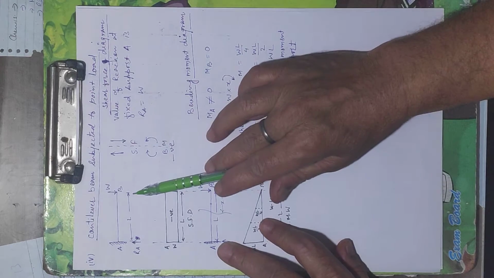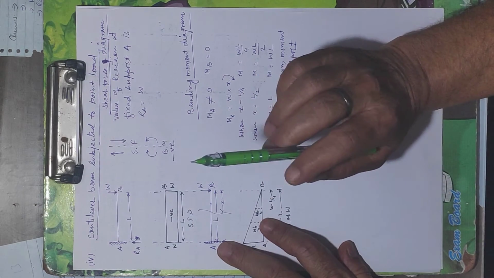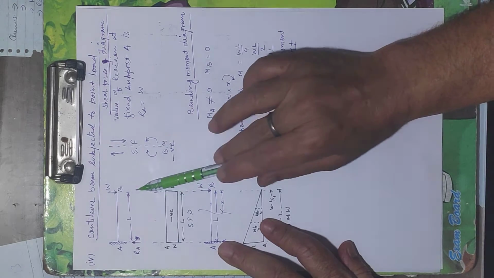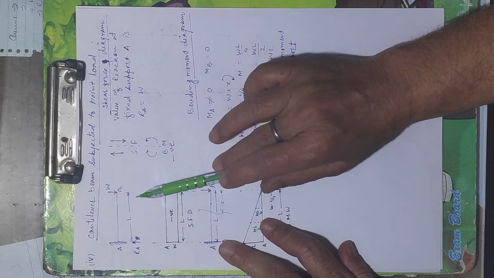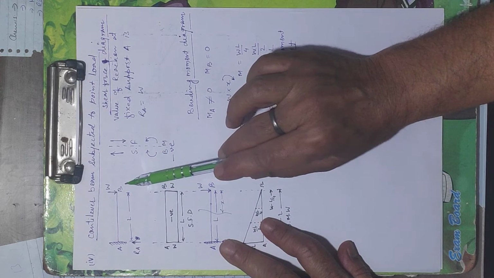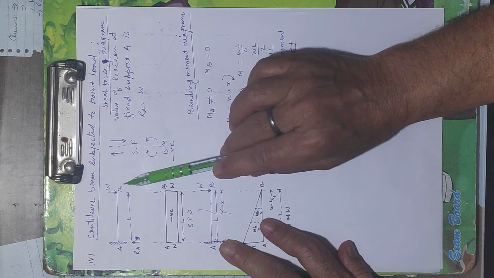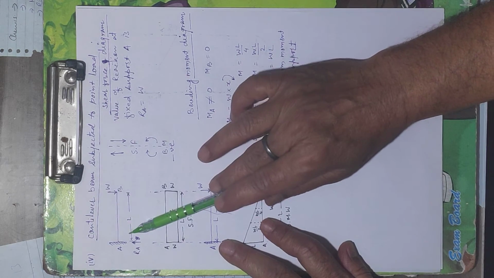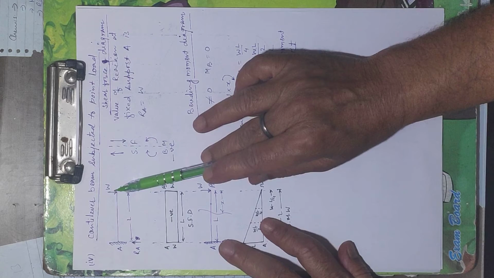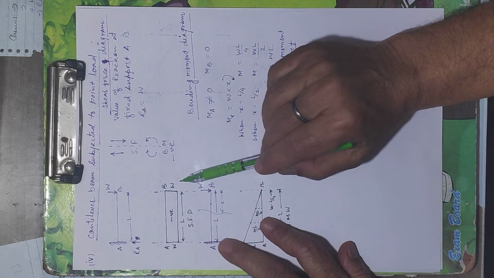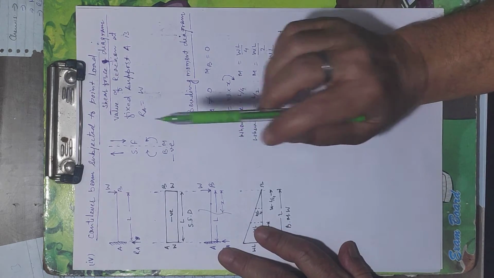In case of a cantilever, we should always start from the free end B. In case of a cantilever, we always start from the free end, whether we want to draw the shear force diagram or the bending moment diagram.